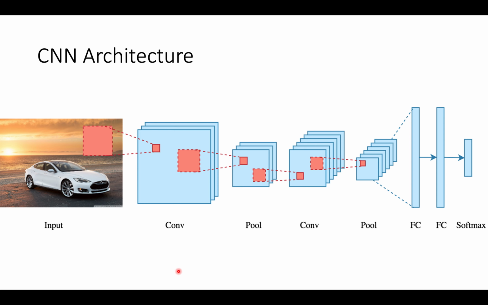Then we perform a series of convolution plus pooling operations, followed by a number of fully connected layers, basically these two. If we are performing, for example, multi-class classification, then the output is softmax. These things probably sound a bit abstract at the moment, but we're going to go layer by layer and decipher these words.